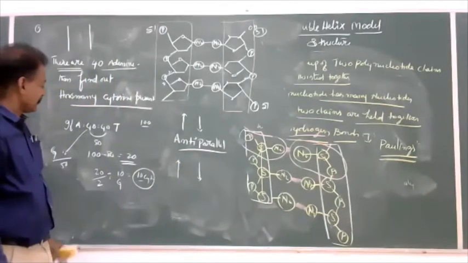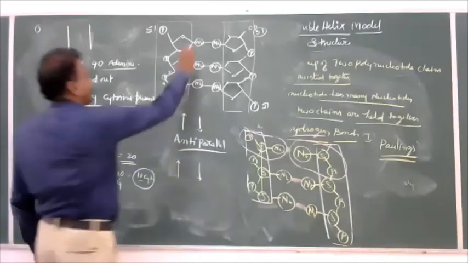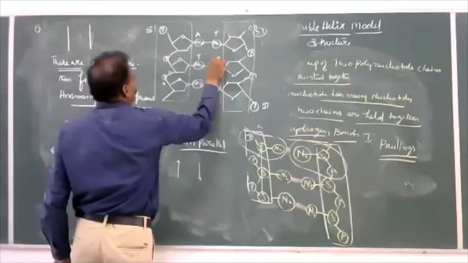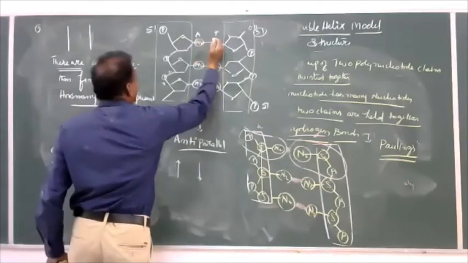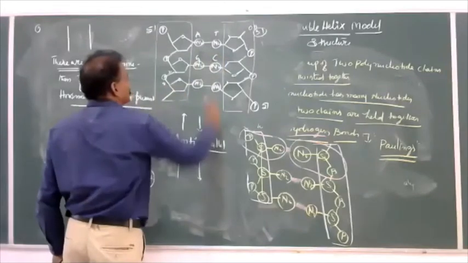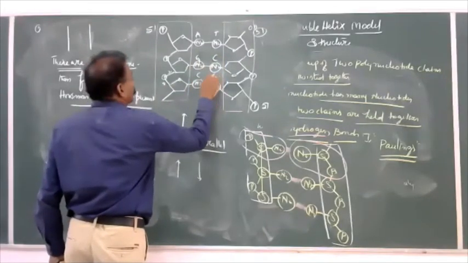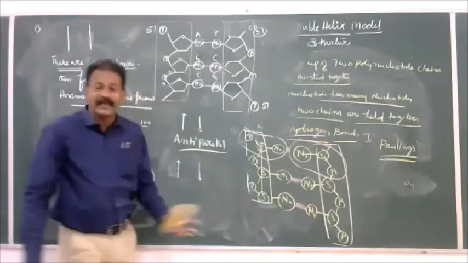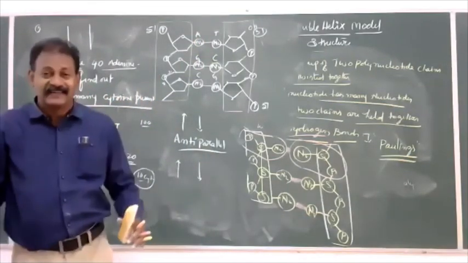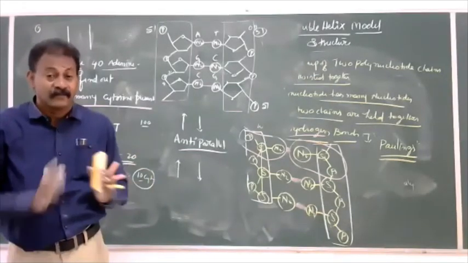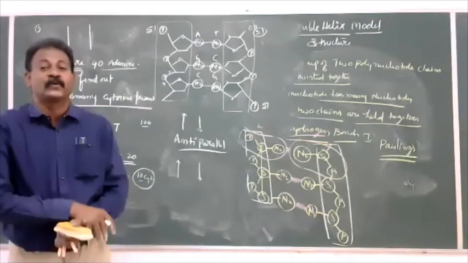Again, in the DNA, always adenine should bond with thymine, or thymine should bond with adenine, or in an amount of DNA, guanine should bond with cytosine, or cytosine should bond with guanine. Always, then only it is possible to have Erwin Chargaff's law or rule of base equivalence ratio.